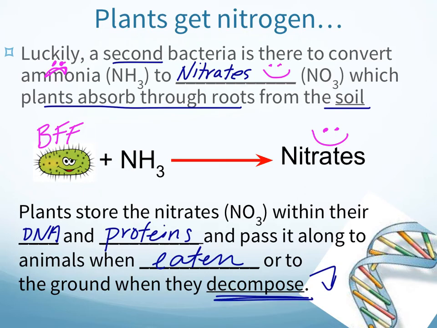So we're seeing a little bit of a similarity here with our carbon cycle. Nitrogen is passed on through consumption to living things. It is also passed into the geosphere or the ground through decomposition and breakdown of that living thing.